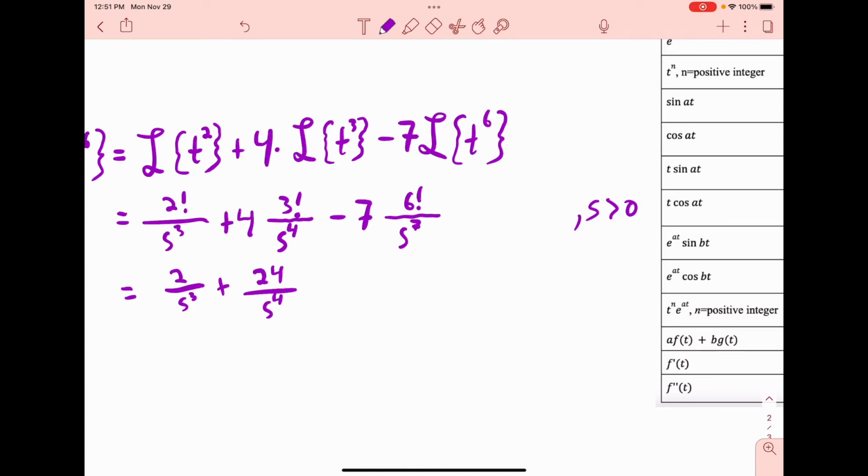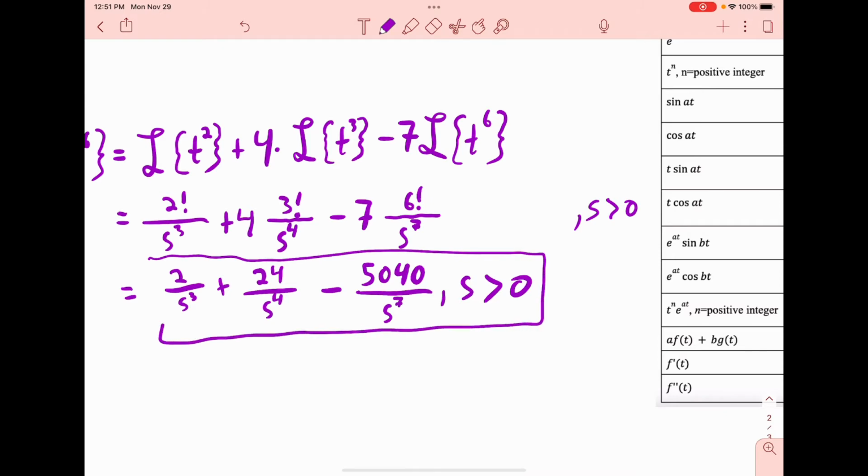Let me see. 6 factorial, I get 720. Oh, however, that 6 factorial is multiplied by negative 7. So I need to take that 720, multiply by negative 7. And then I get negative 5,040. So I'm going to say minus 5040 over s to the 7. And here we have this restriction, s has got to be bigger than 0.